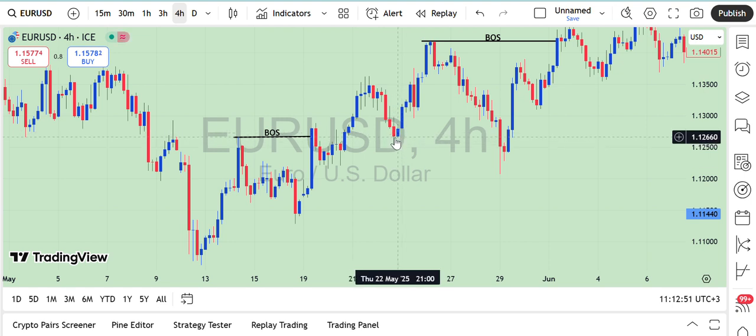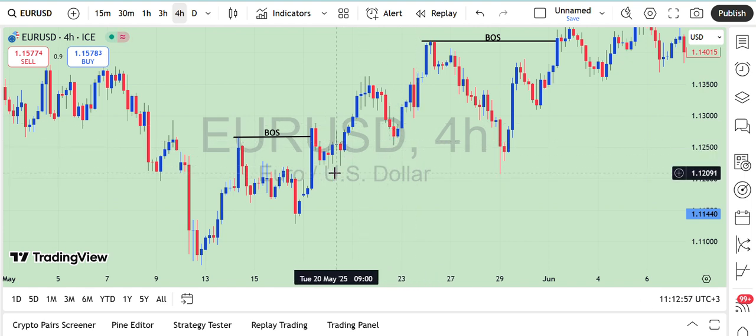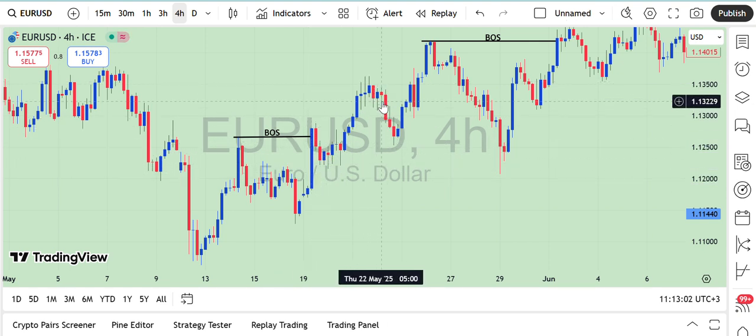I know very many traders were trapped here. So the first thing I discovered is that this here is a correct pullback, but not a complete pullback.